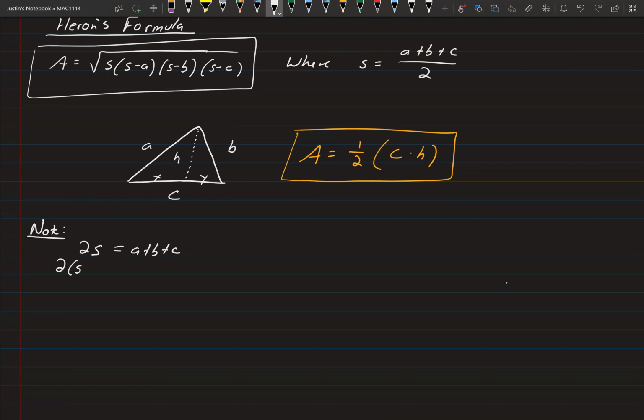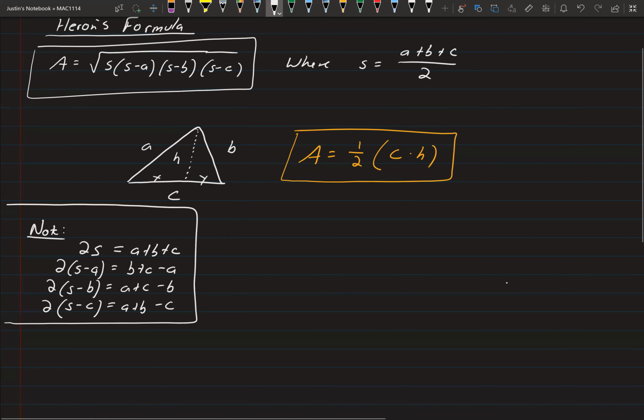Then 2 times (S minus A) is going to be B plus C minus A. 2 times (S minus B) would be A plus C minus B. And 2 times (S minus C) would be A plus B minus C. So we're just going to keep those in our back pocket. We're going to use them later. I'm just making a note of them right now.